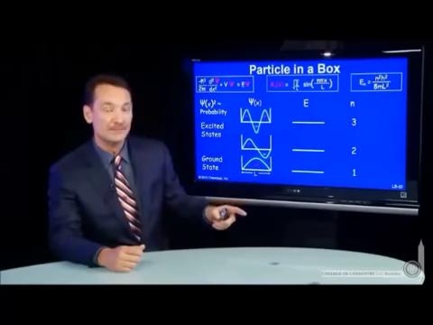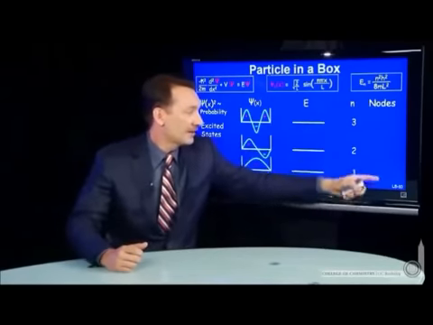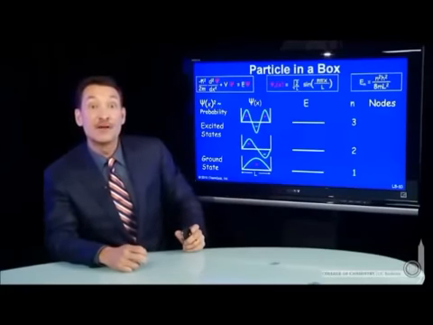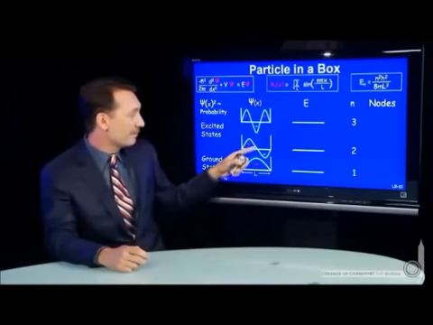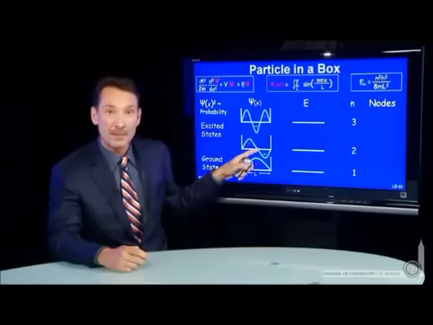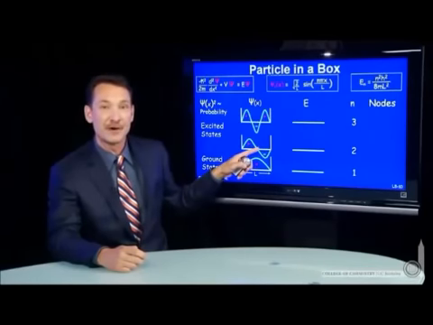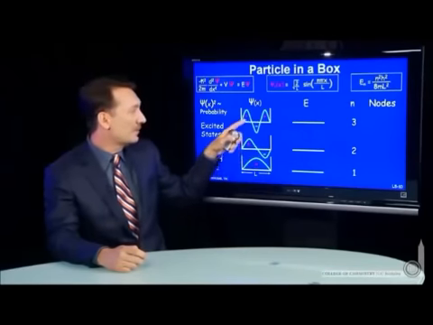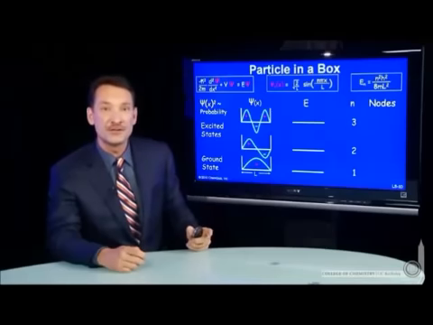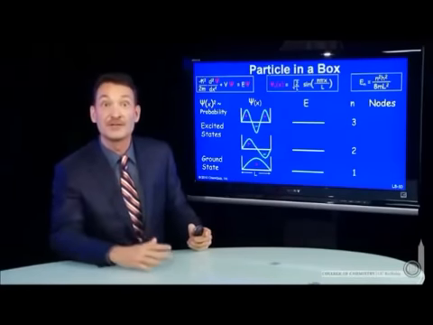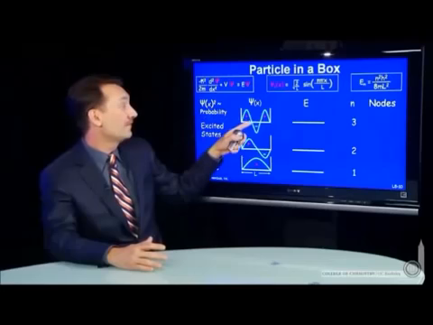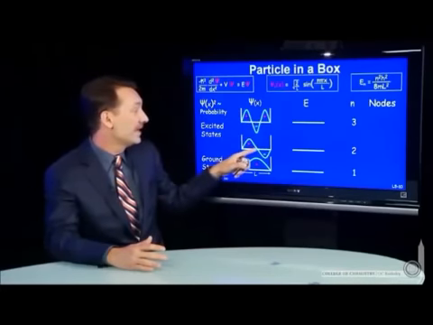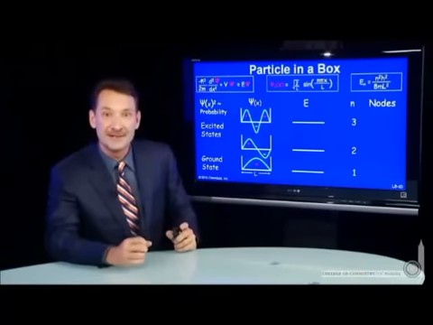N equals 3. We'll also calculate and catalog what we call the nodes, the areas of the box where there's 0 probability of finding the particle. 0 probability are the places where the wave function goes to 0. After you square 0, you still get 0, so the probability of finding the particle at these crossings is 0.